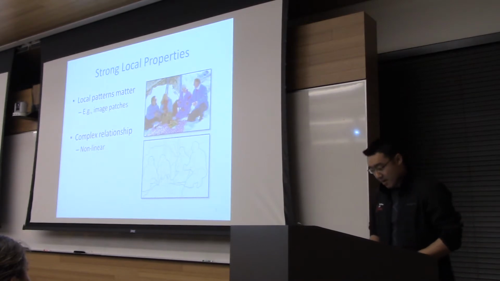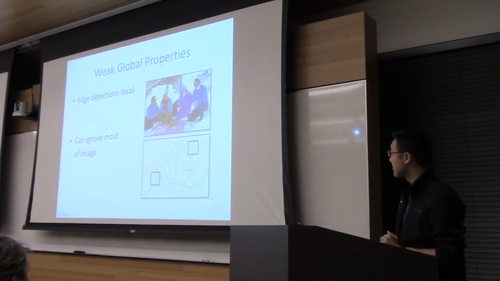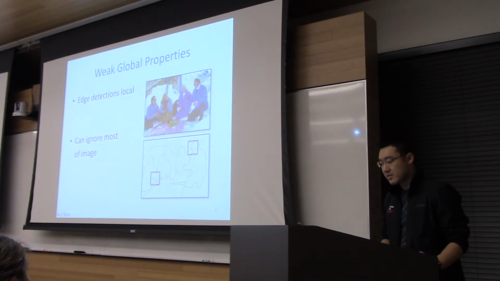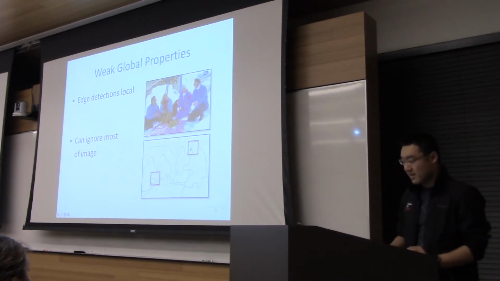If we want to do edge detection in this space right here, we can more or less assume that we only need to look in this neighborhood. Predicting the edges of this part of the image has a very weak, if any, dependency on what's going on over here in the image.